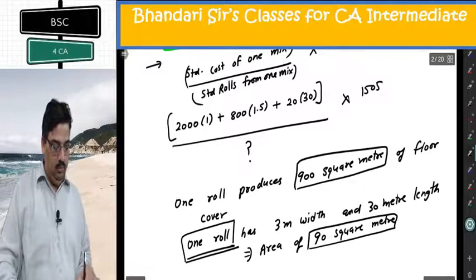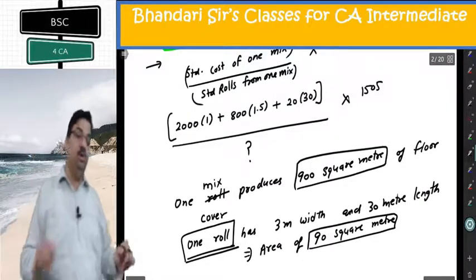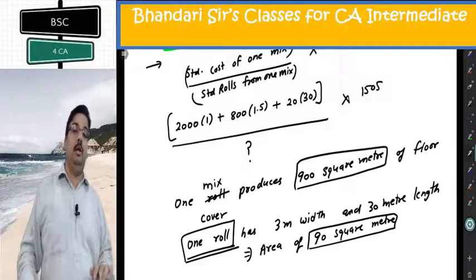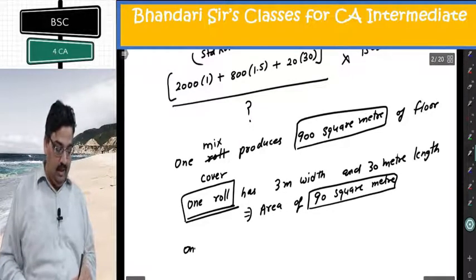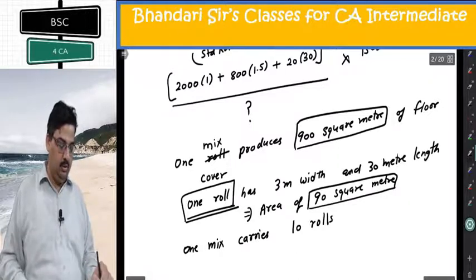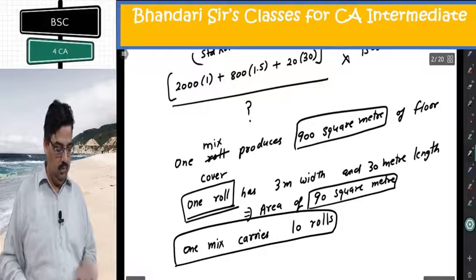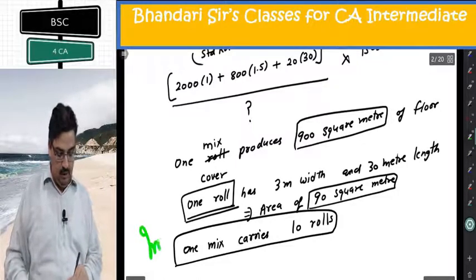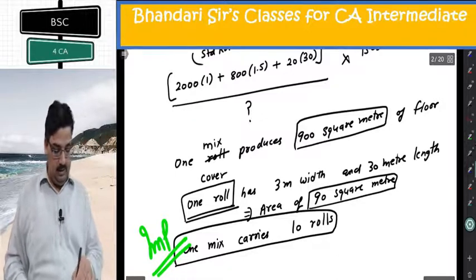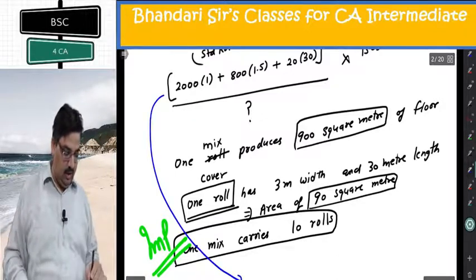One mix produced 900 square meter. One roll has 90 square meter. So one mix carries 10 rolls. This is important. Once you understand this, this calculation becomes easy.